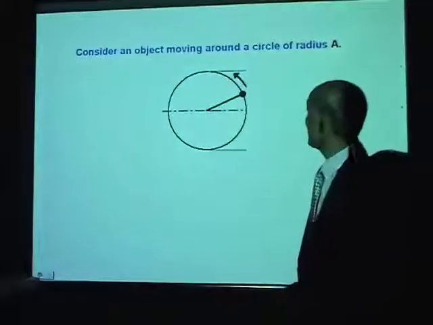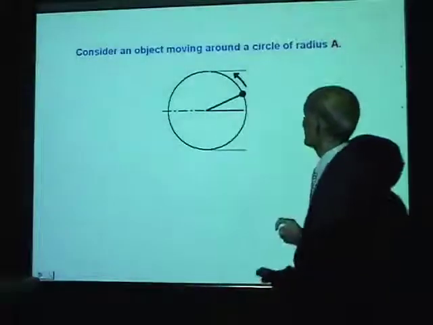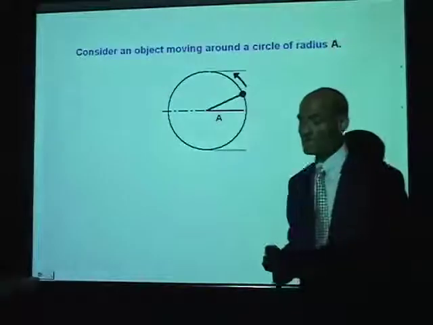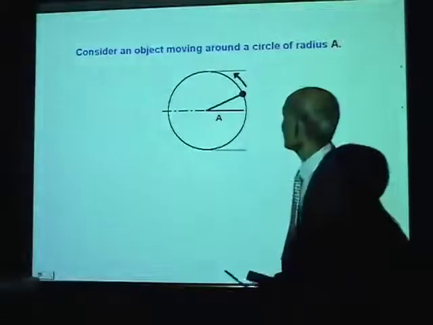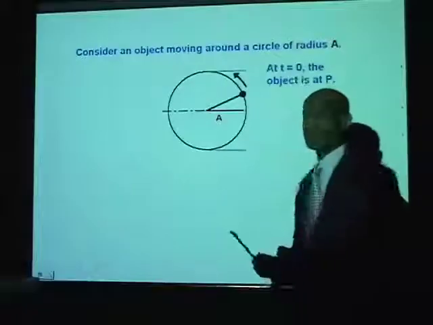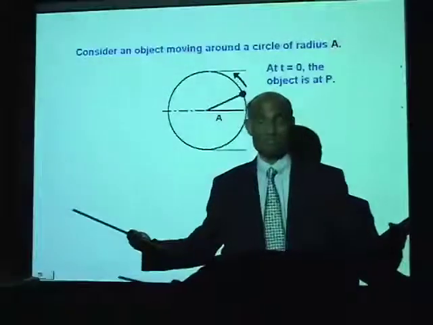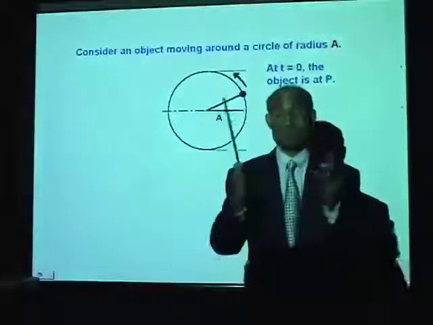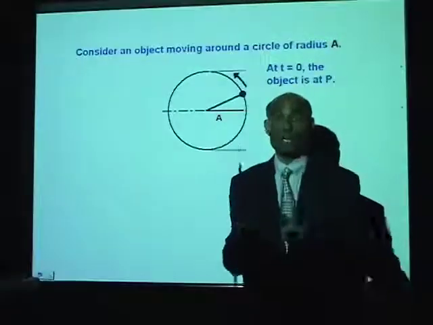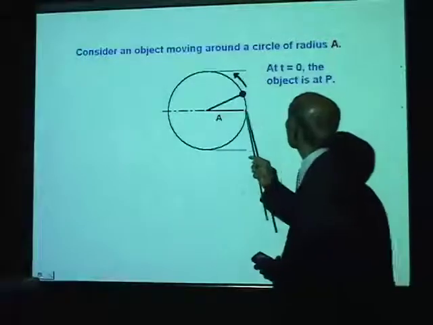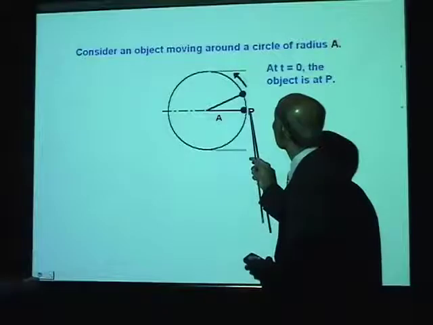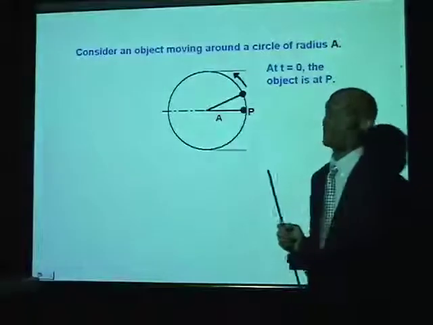Okay, let's say that's the radius of the circle, and the radius is A. At t equal to 0, now in physics, whenever we start something, that's when we start our clock. At t equal to 0, the object is here, and we call that position P.